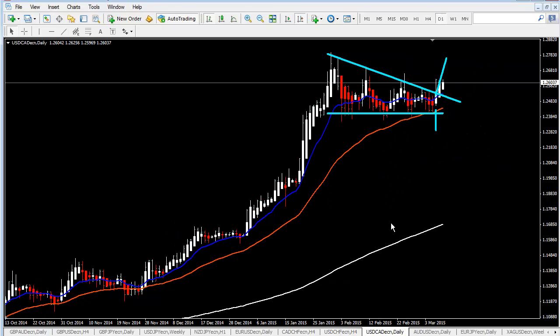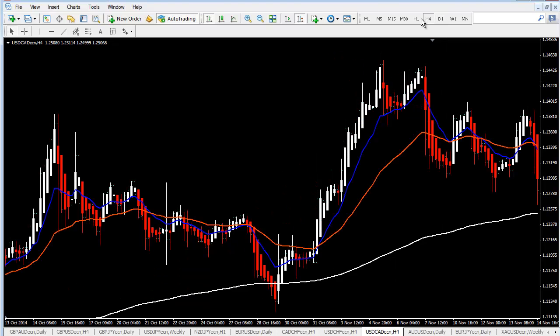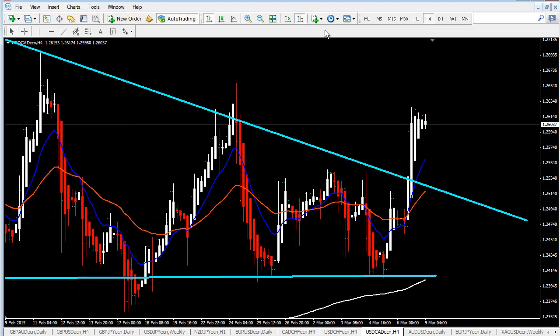Now USD Canadian dollar also, what we wanted to see is a breakout of this wedge. It's an uptrend, so you follow your main trend, which is long. We had a break there. Yes, we have still previous highs, but this is a good start. And sorry for that. Now what you need to see is this setup over here.